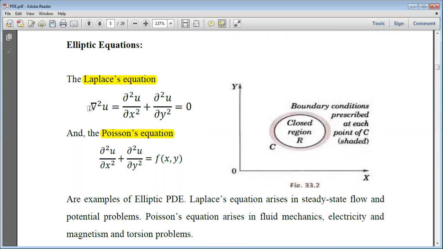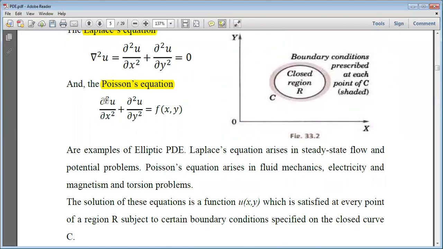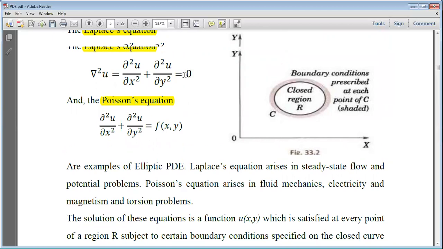And Poisson's equation: ∂²u/∂x² plus ∂²u/∂y² is equal to a function f(x, y). So here this is a function f(x, y) and this one is 0. This is the basic difference between Laplace and Poisson's equation.